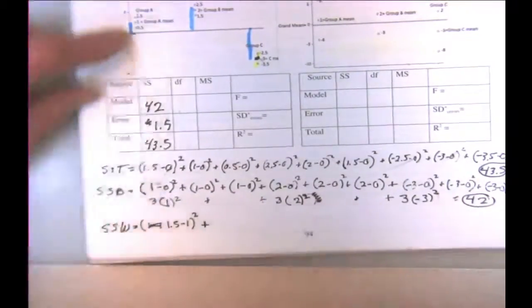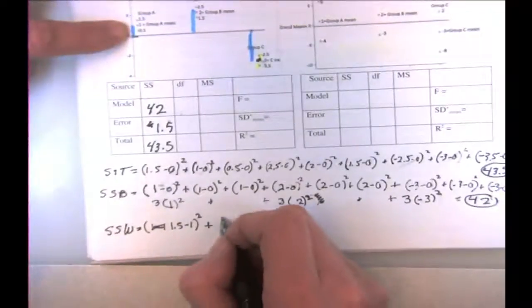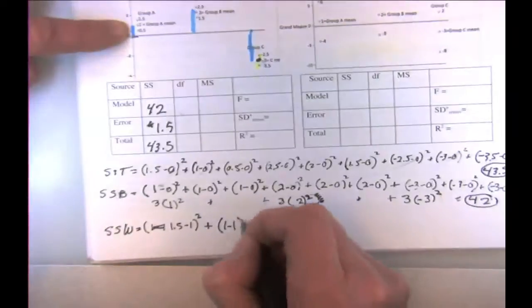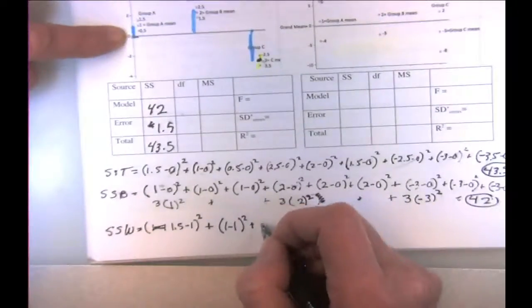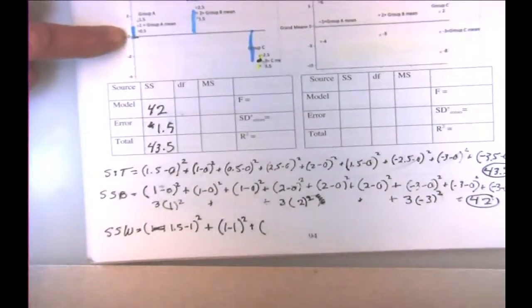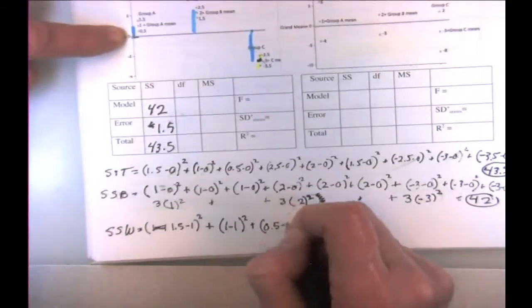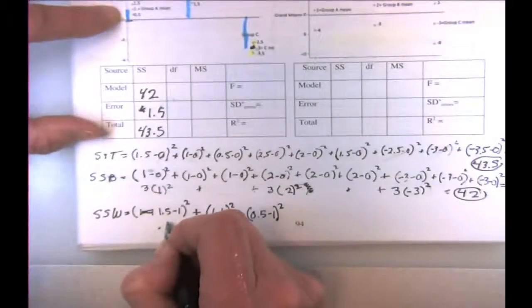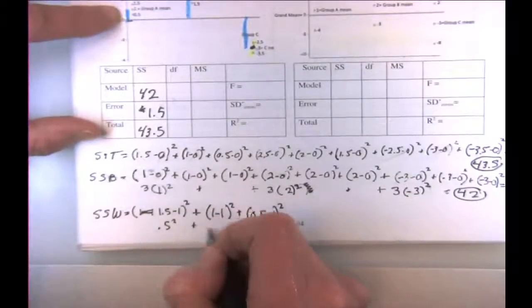Our next point was 1, and we predicted 1, so that has 0 error. And then our last one for group A is 0.5 minus its predicted. So this one is 0.5 squared, this one's 0 squared, and this one's negative 0.5 squared.